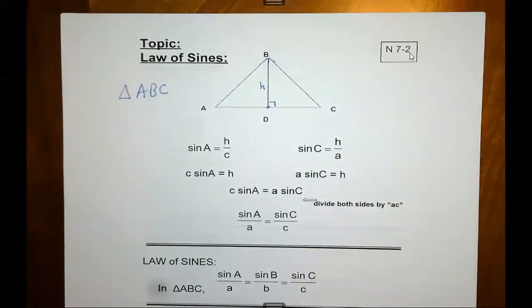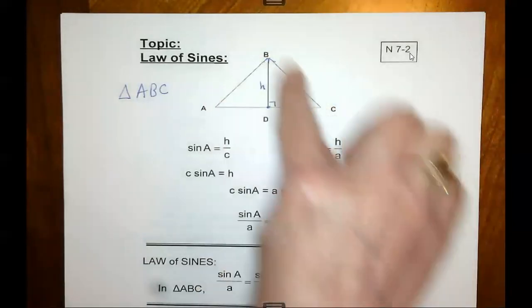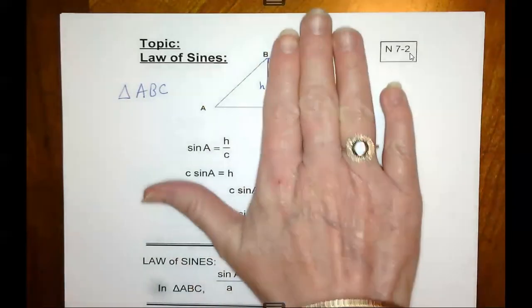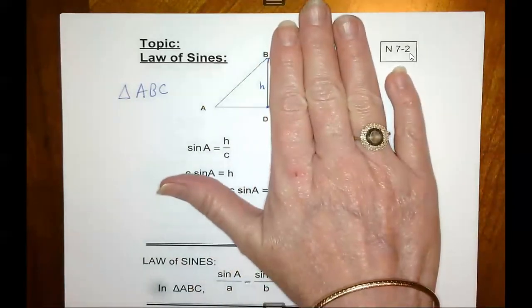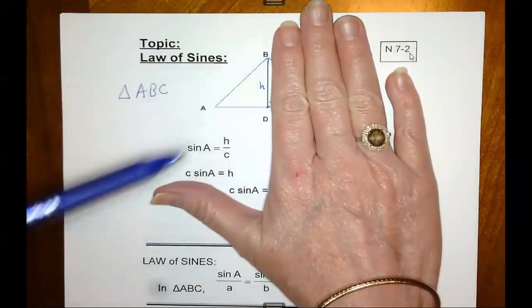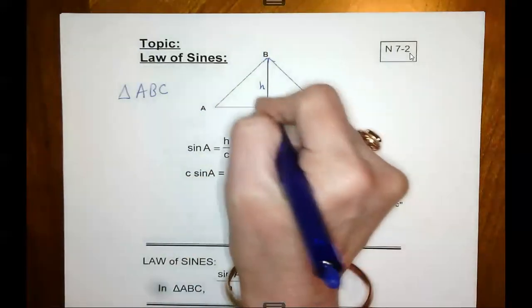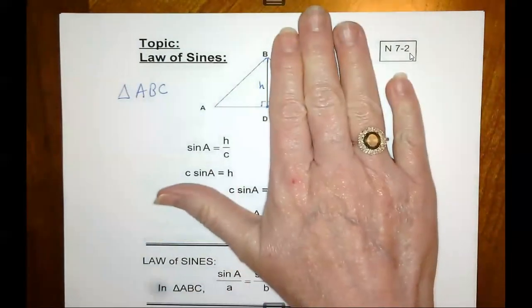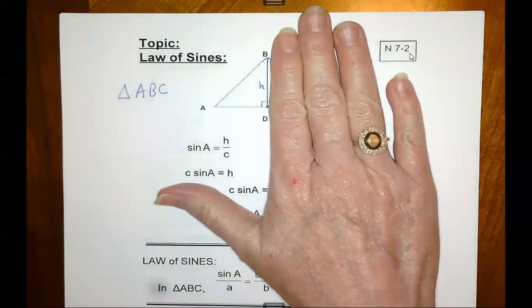Okay, so I'm going to kind of prove the law of sines real quick. So here's what we're going to do. If we were to draw in that height of the original outside triangle here, ABC, I'm going to mark off the right side of this so that all I see is this. In this portion, because this is a right angle, because of the height, I could go back and use my right triangle trigonometry.